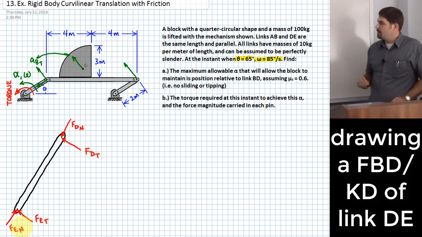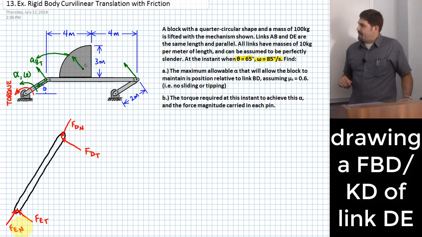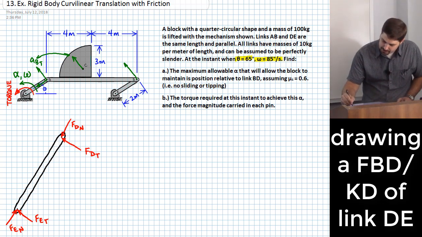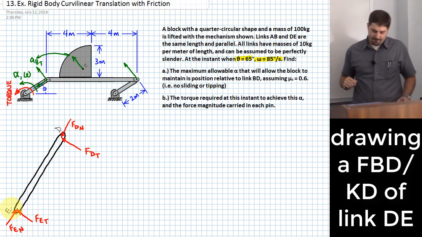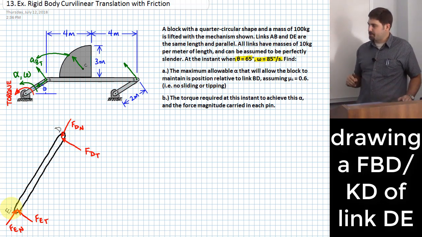All right, what other forces act on link DE? Let me put those letters up there as well, this is D, this is E. What other forces act on DE?